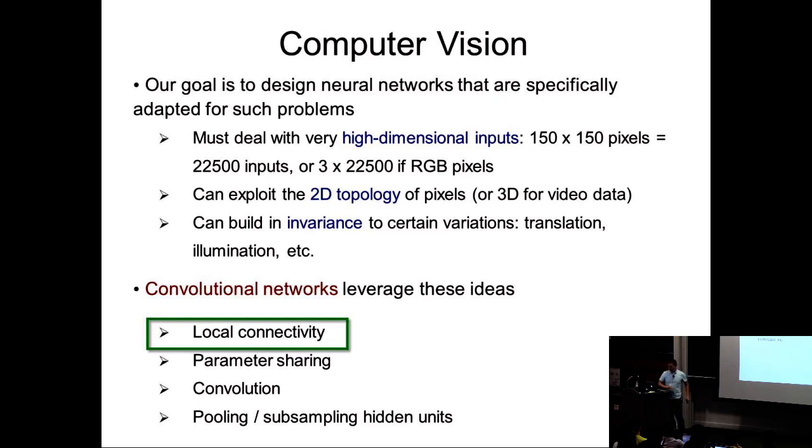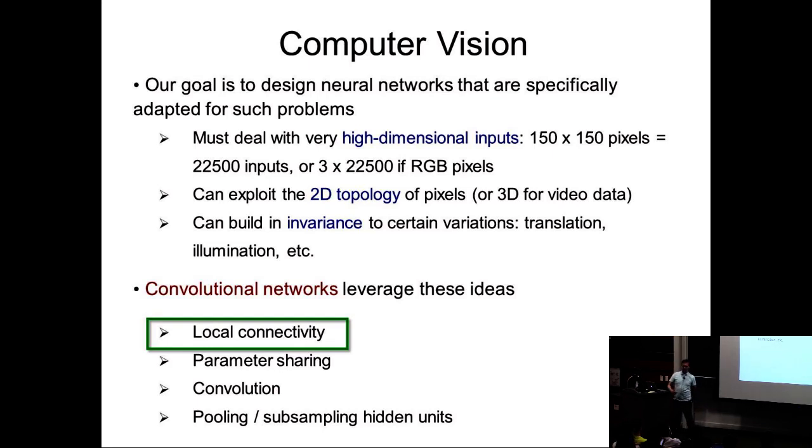Now, typically, when we go into the domain of vision, we have to deal with very high-dimensional inputs, right? So, for example, if you have an image 150 pixels by 150 pixels, which is considered to be a small image, you have plus 3 channels, RGB. You have tons of pixels to deal with, right?